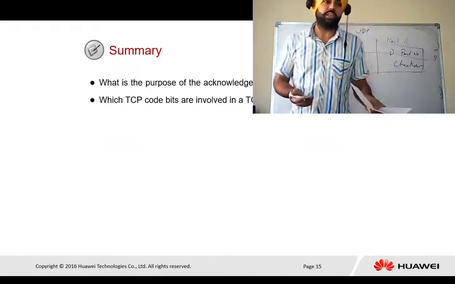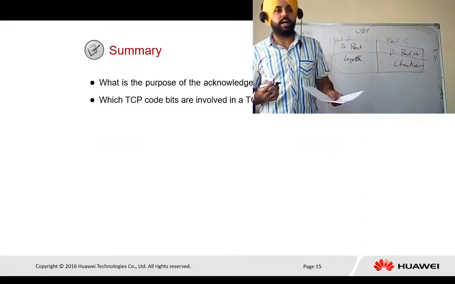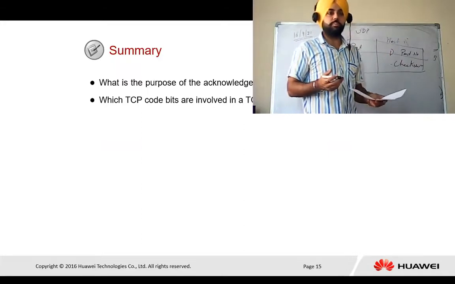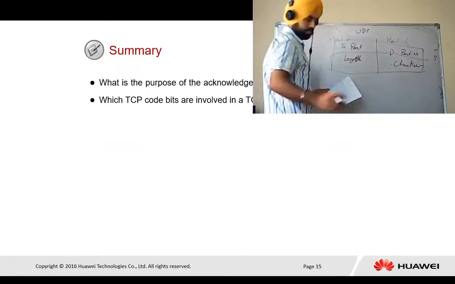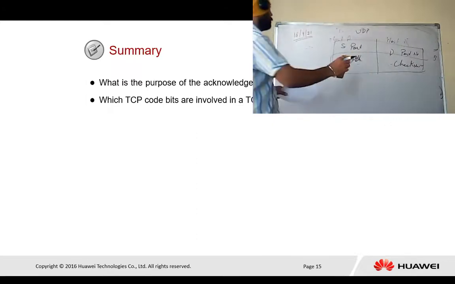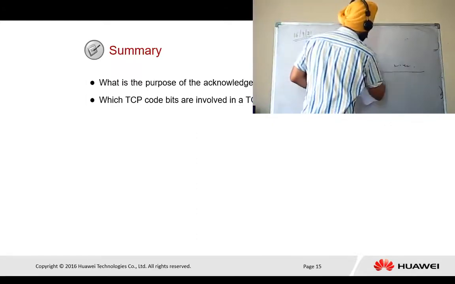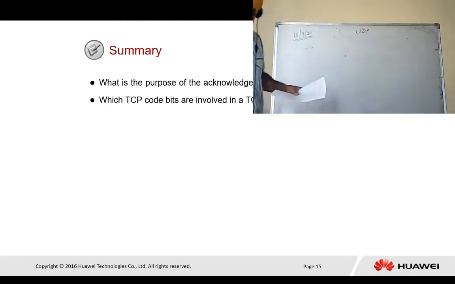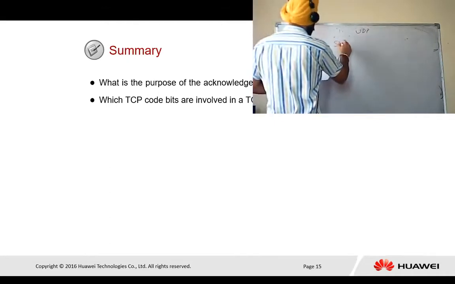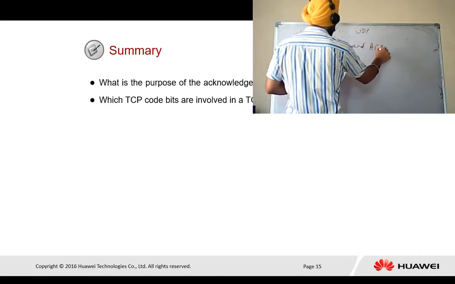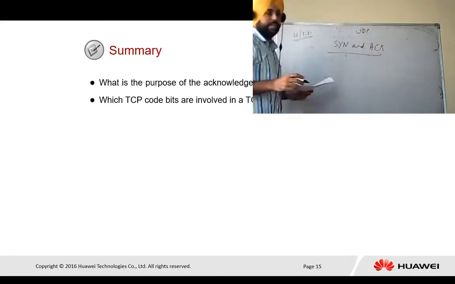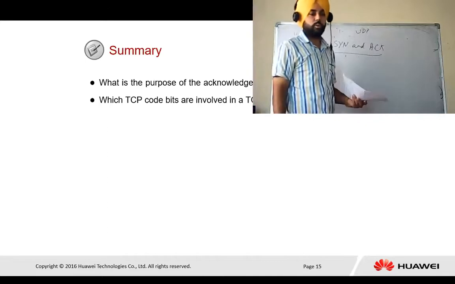Second question, which TCP code bits are involved in the TCP three-way handshake? Those are 2 fields, SYN and ACK, that create the three-way handshake process.